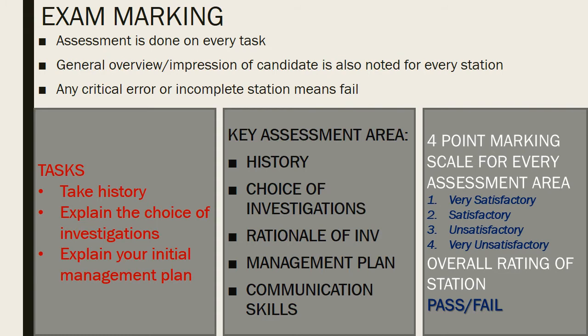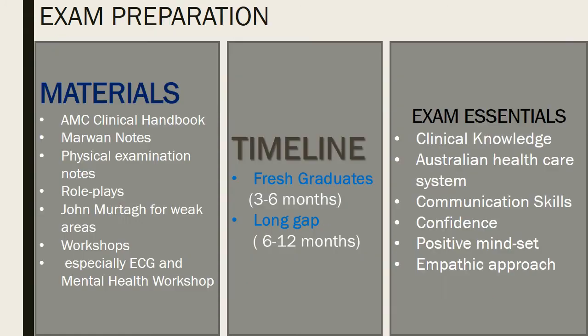After doing the assessment areas 4-point marking, then the examiner writes his overall rating of the station, which is basically the general impression of the candidate, how well was his communication skills, how empathic he was, how was his approach. So these things make a lot of difference if the candidate was confident or not. And that will determine the overall pass and fail of that exam station. You need to have at least 10 stations out of 14 to get AMC clinical pass.